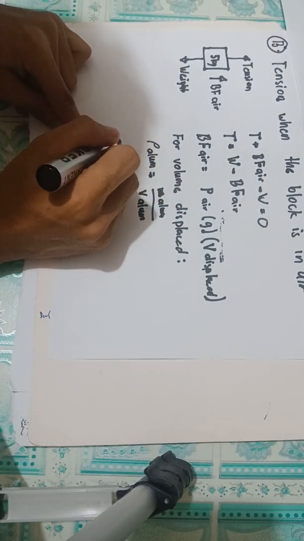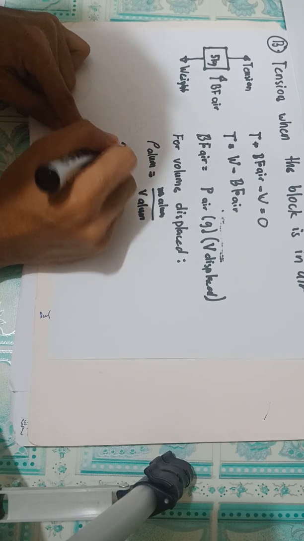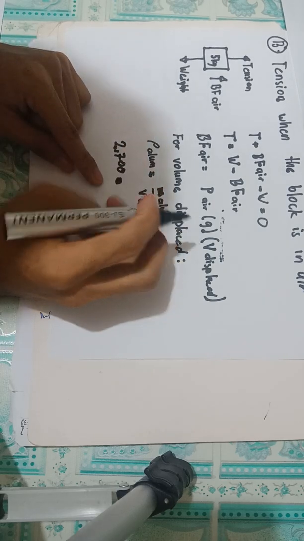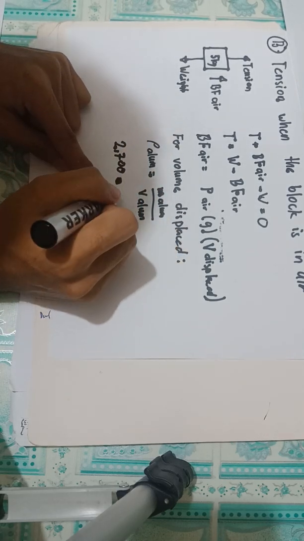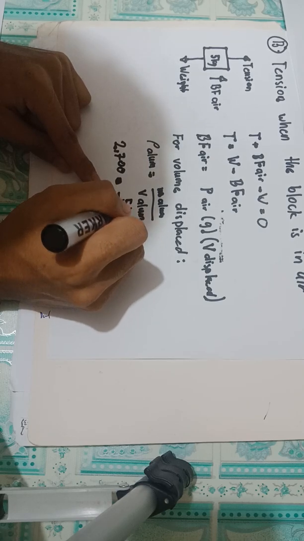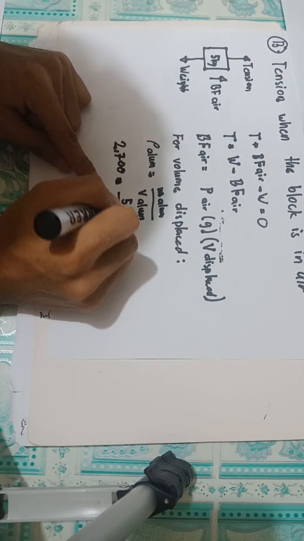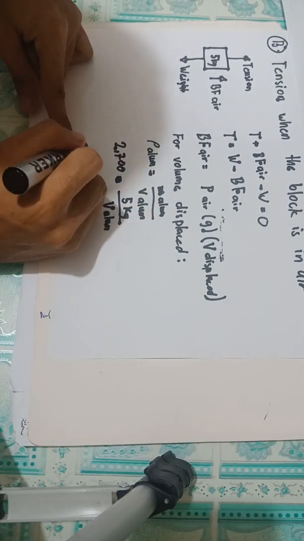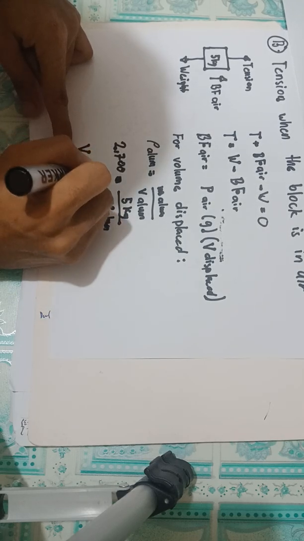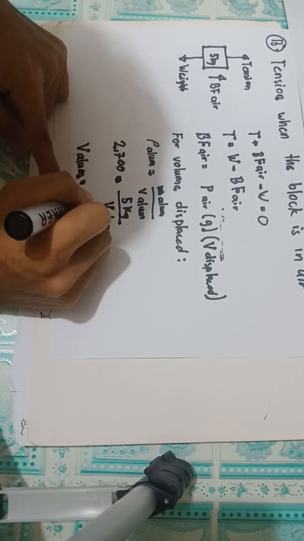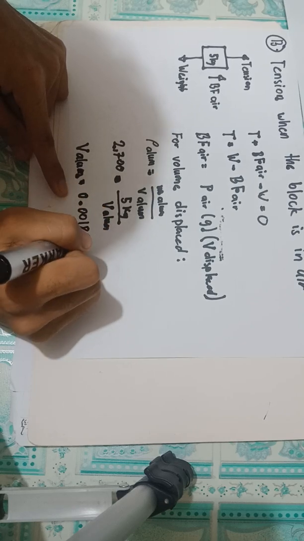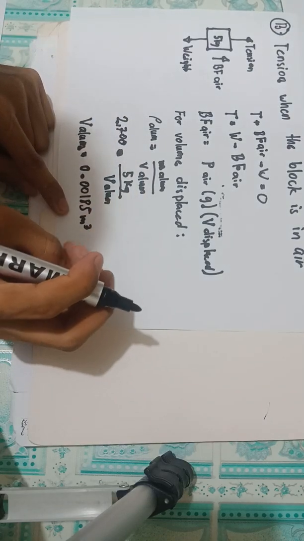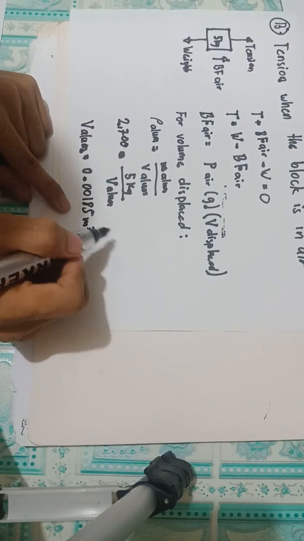In the given, we have 2,700, that is the density of the aluminum, and we also have the mass of the aluminum. So the volume of the aluminum, by using algebra, we can get 0.00185 cubic meter. This is the volume of aluminum, and it is also equal to the volume displaced.